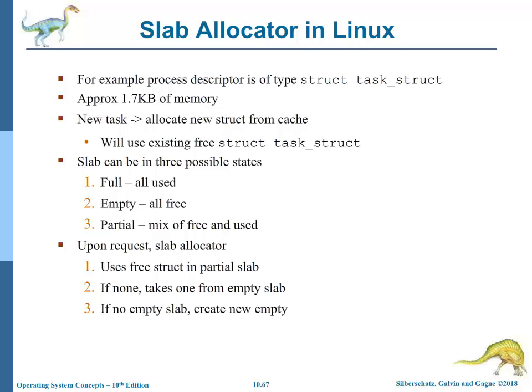The slab allocator first attempts to satisfy the request with a free object in a partial slab. If none exist, a free object is assigned from an empty slab. If no empty slab is available, a new slab is allocated from contiguous physical pages and assigned to a cache.